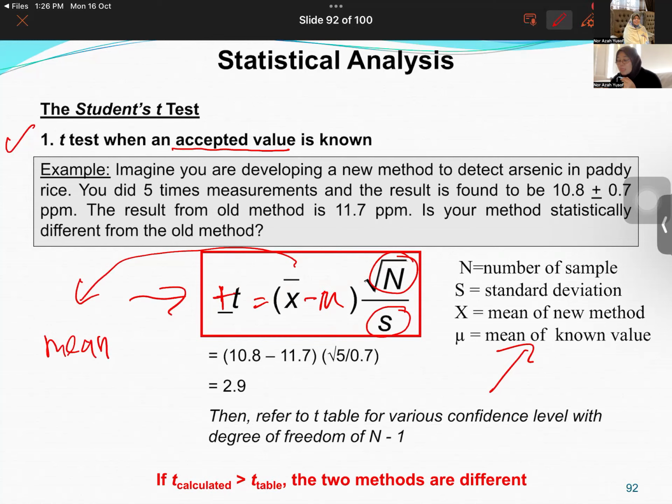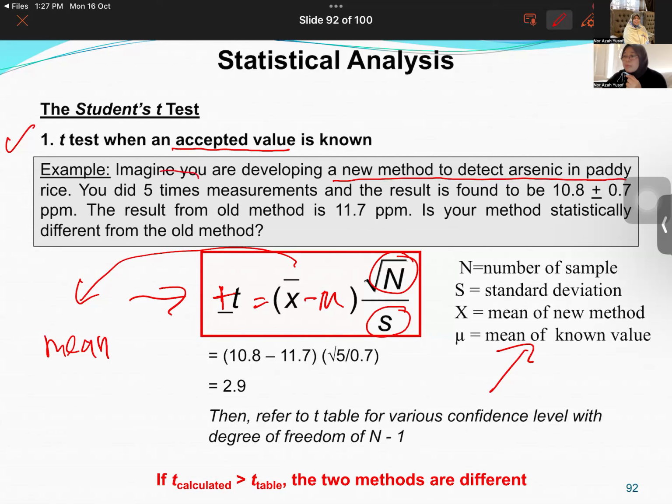Then you expect the true value to be 70%. So I'm giving a very general example of a listed or known value. It is on the label of the bottle. Now you do the test. Again, this example is detecting arsenic in paddy.